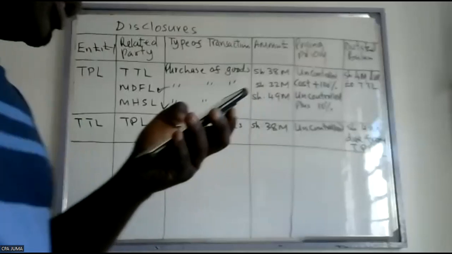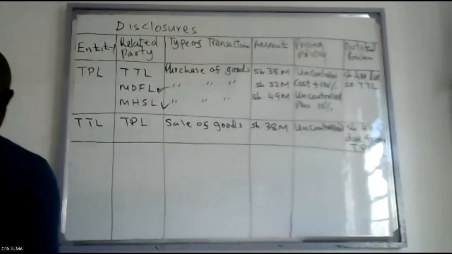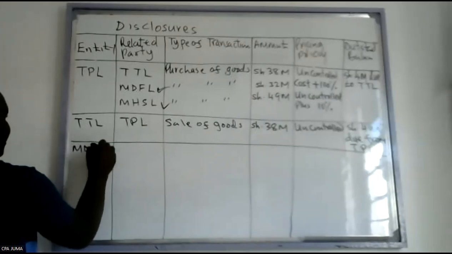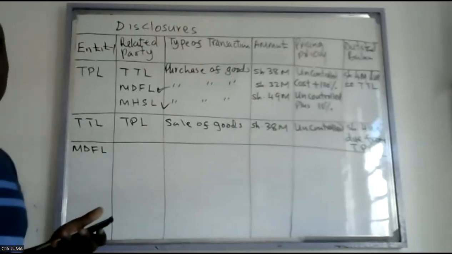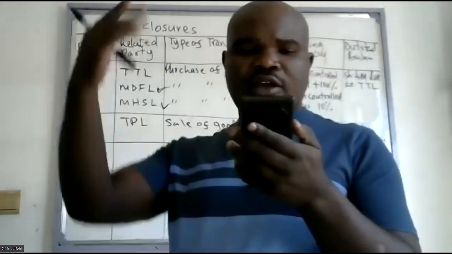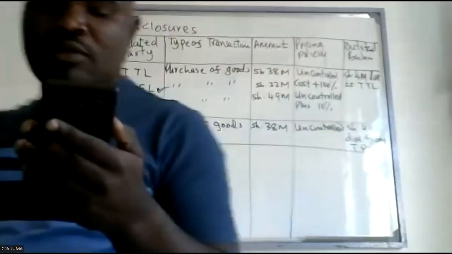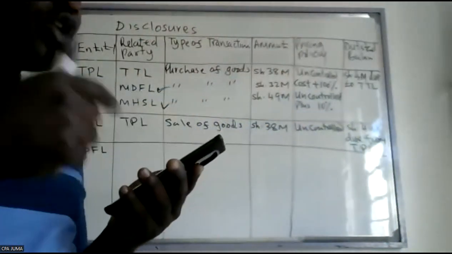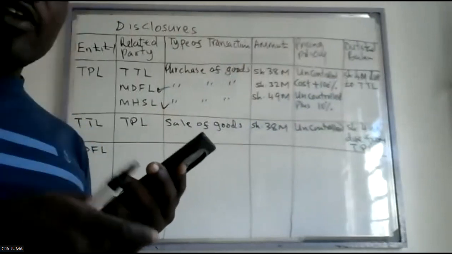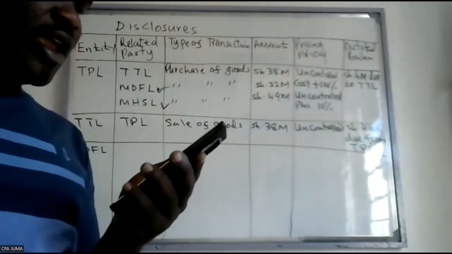They want us to disclose in the books of MDFL. There is a mistake when you type that question. Check the transaction schedule before required. The second last on the side of purchaser, they wrote MDFD.